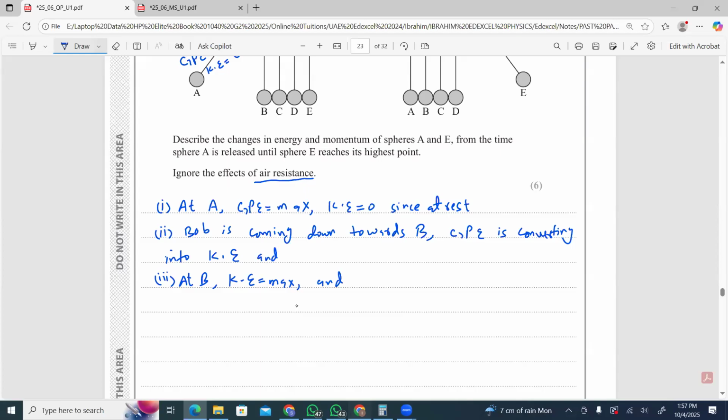And momentum was here 0, also because velocity was 0. GPE is converting into KE and momentum is increasing. You can write this as well. Momentum is increasing because the speed is increasing. Then at B, KE is max and momentum is also max.